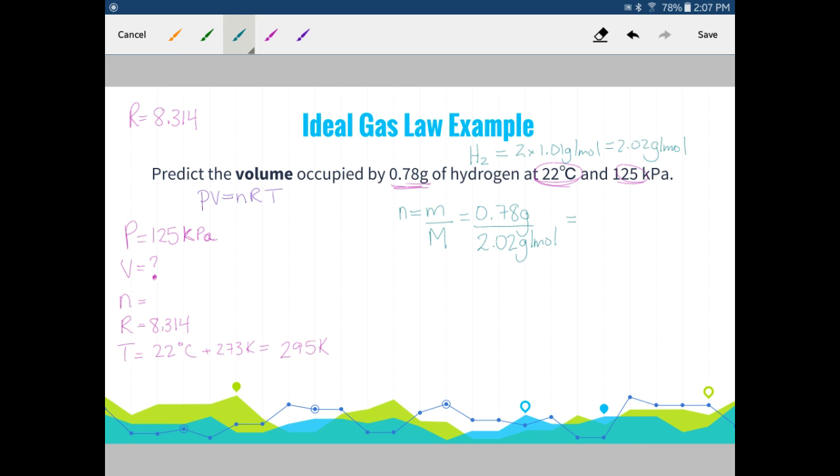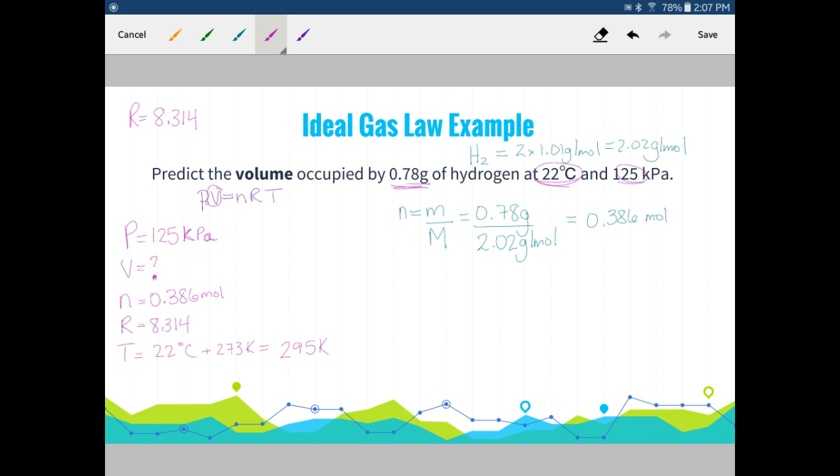So to figure out the moles, we go 0.78 divided by 2.02, giving us 0.386 moles. So I'll just put that number down here for the number of moles, 0.386 moles.